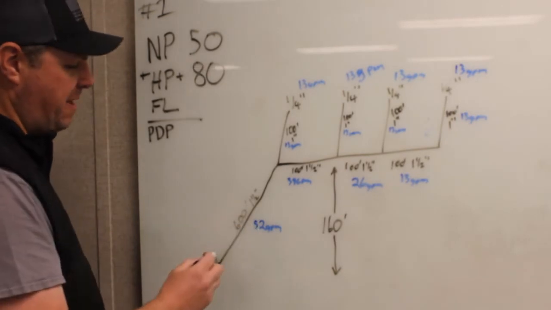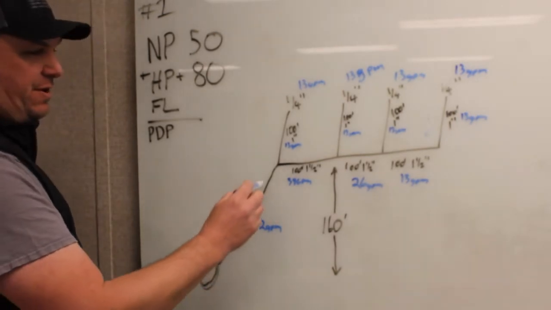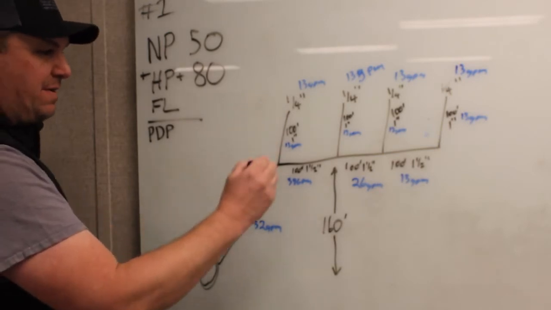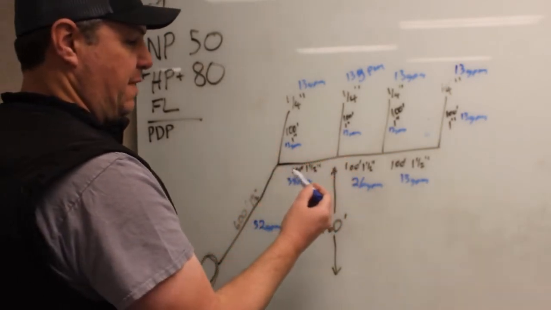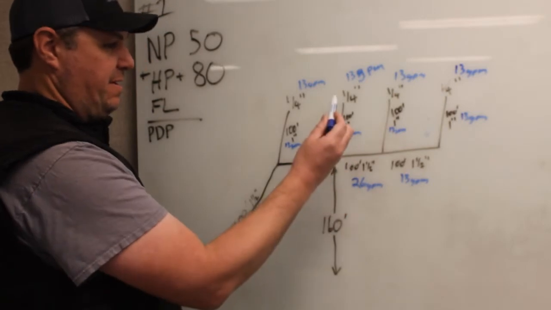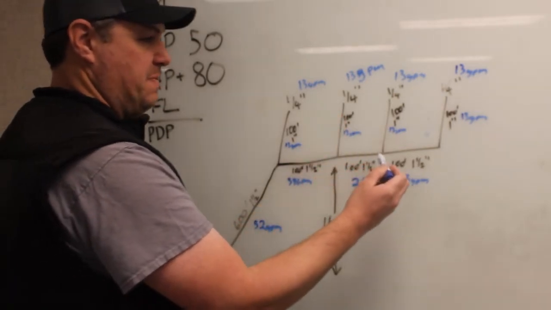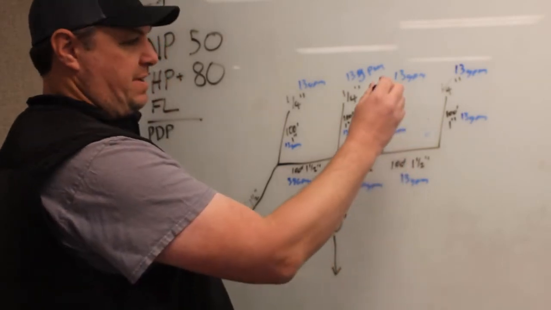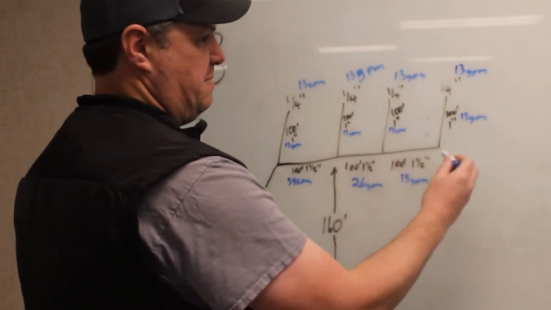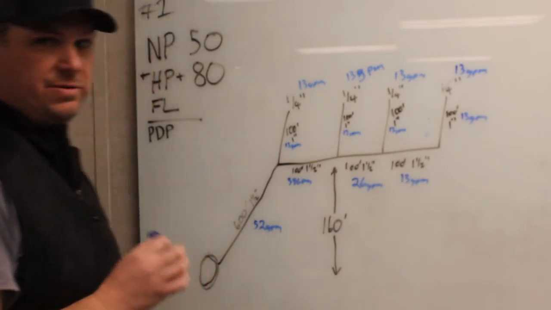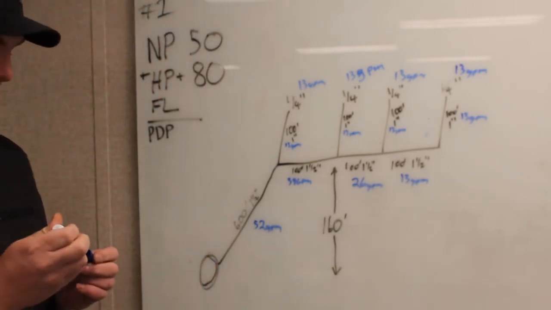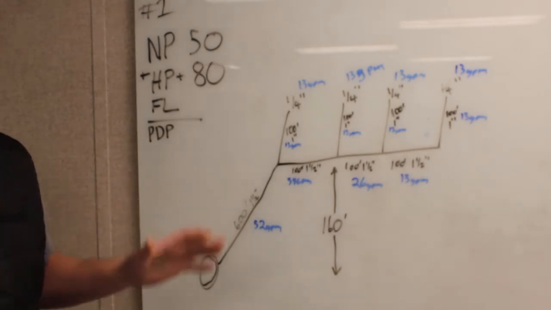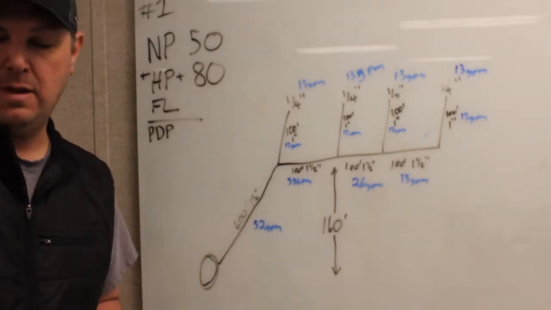So I have 52 gallons per minute flowing through this 600-foot chunk of hose up to the first lat, and then 13 comes off, 39 gallons a minute keeps flowing out, and then 13 comes off, and 26 gallons per minute continues to flow down my hose lay. 13 comes out, and 13 gallons per minute continues to flow out to the end of my hose lay. That's how I track my volume. Tracking your volume is the first step in doing friction loss.